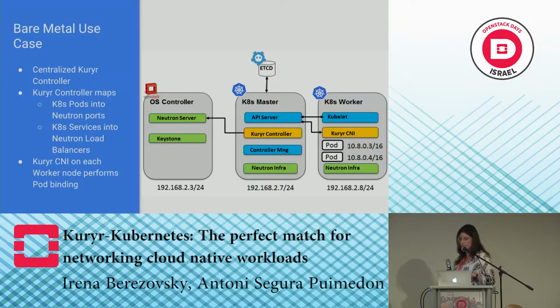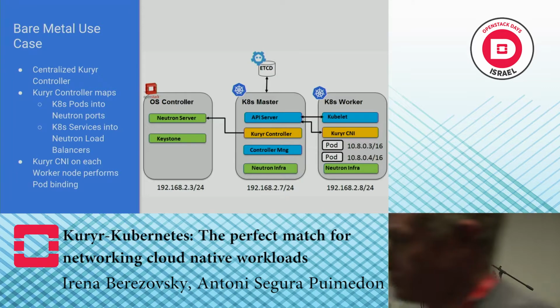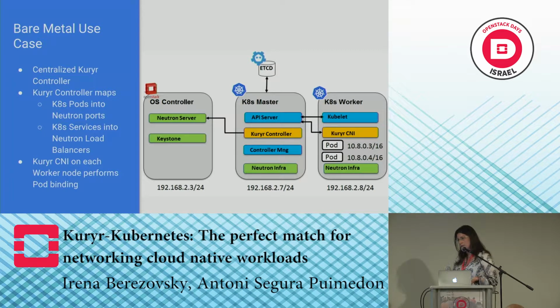And on each worker node, we also have the Kuryr CNI driver that is responsible for the local binding of the pods. And we also have on each worker node the Neutron infrastructure based on your choice. It can be OVS, OVN, Dragonflow, ODL, whatever can bind your containers.